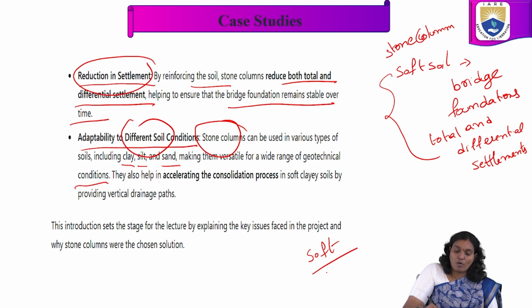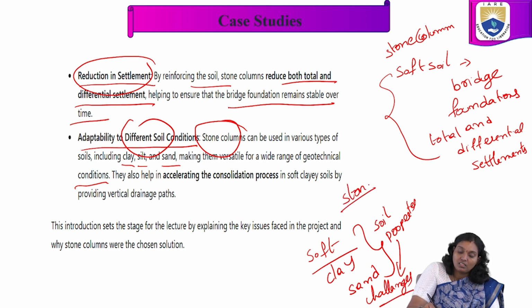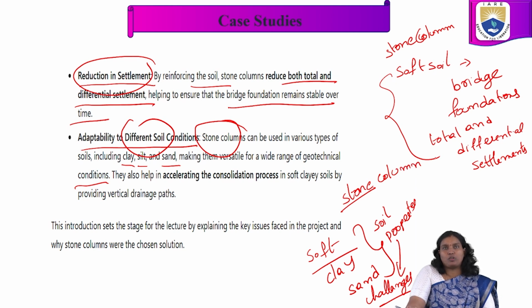Each type of soil, clay, sand, has its own kind of soil properties. They are not the same. Each has its own kind of challenges. For all of these, the stone column ground improvement technique is suitable.